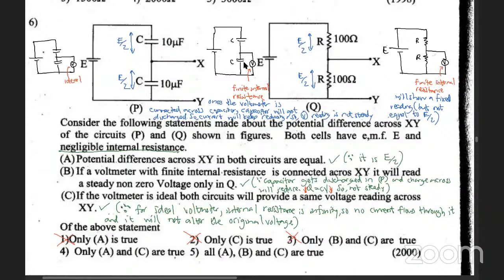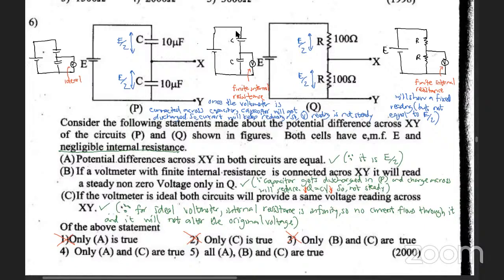No. It won't read E by 2. It will change because now it's getting discharged. It will not be steady. When current becomes 0, will it read E by 2? Yeah, it will come back to E by 2, right?